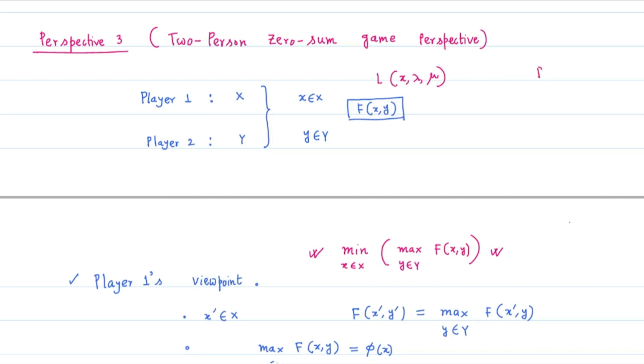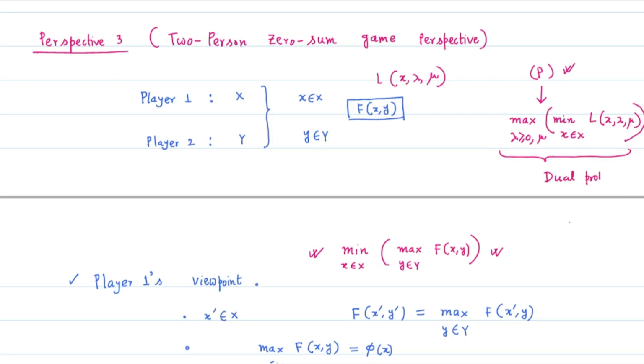So for a given primal problem, we can solve the max min problem, where this payoff function is replaced by the Lagrange function, and you may aim to solve this problem to obtain a solution to the primal problem. And we notice that this max min problem, the maximum over lambda greater than or equal to 0, and here the minimum over the set capital X, is nothing but the dual problem, right?